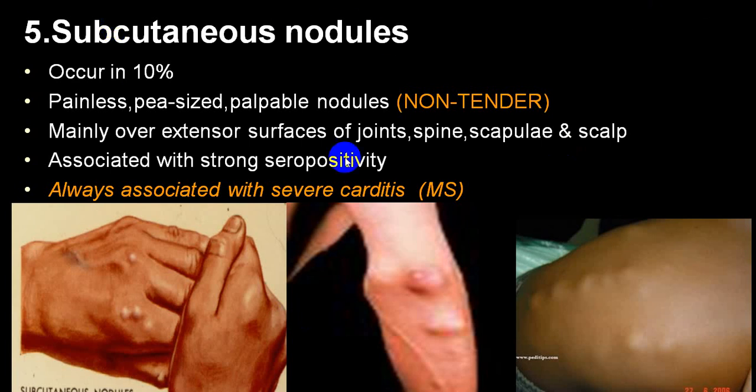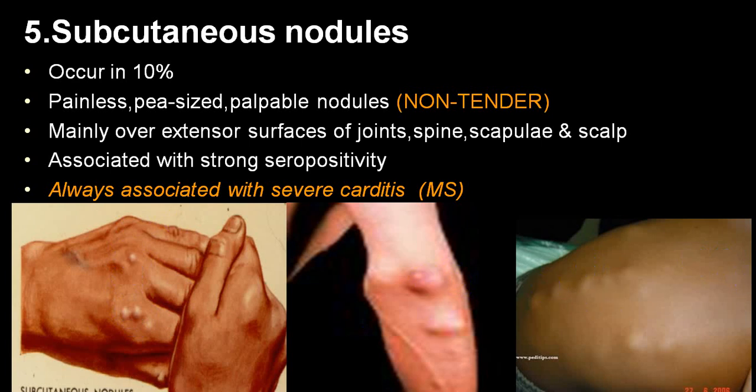Fifth sign is subcutaneous nodules, which is in 10% of the people. Again, these nodules are painless, pea size, palpable, and as they are painless, they are called non-tender. And they are most commonly seen at the elbow, knuckles. These are knuckles, these are small nodules, you can see subcutaneous nodules.